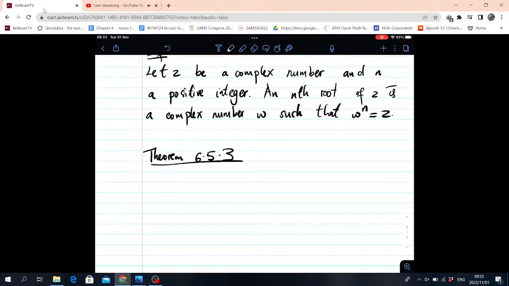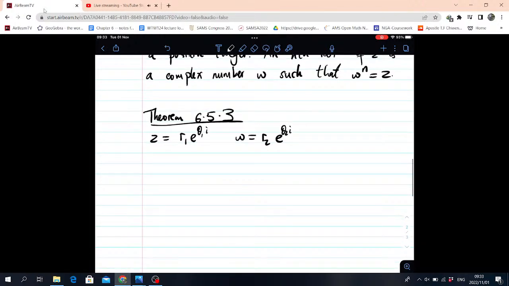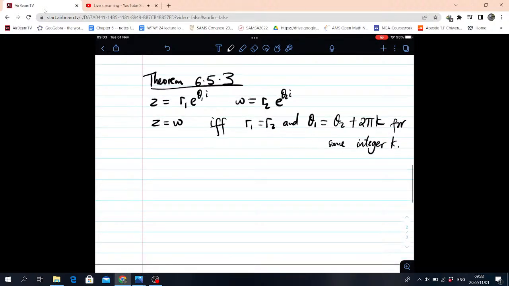Suppose you've got z, which is r1 e to the theta 1 i, and then w, which is r2 e to the theta 2 i, and then we say z is equal to w if and only if r1 is equal to r2 and theta 1 is equal to theta 2 plus 2 pi k, and this is for some integer k.